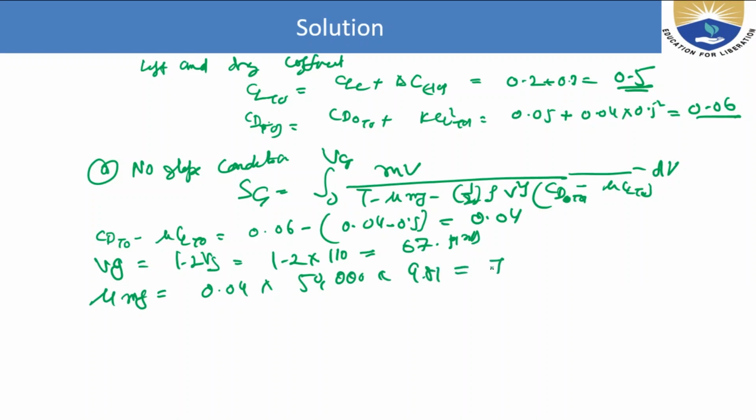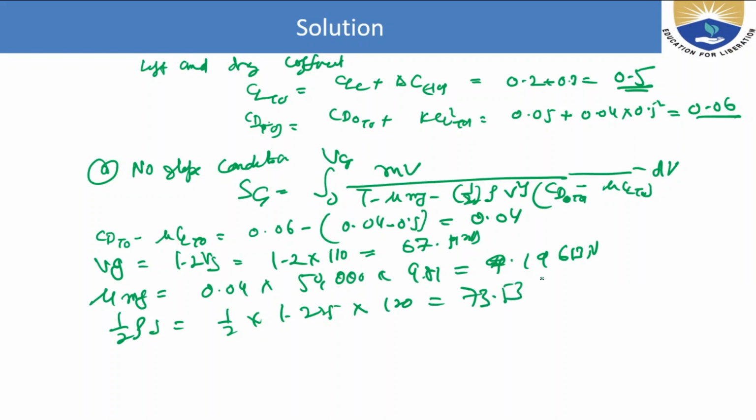You will get 19613 Newton. Half rho S is equal to half into 1.225 into S, which is 120, so 73.53 kg per meter. Thrust is equal to 0.9 T max.